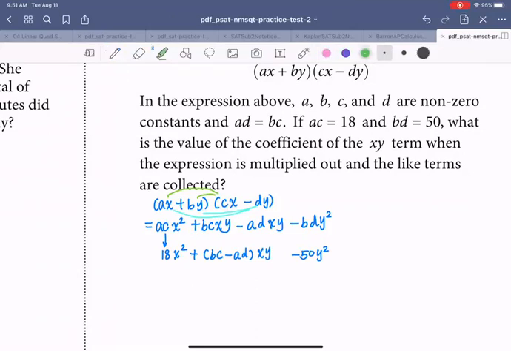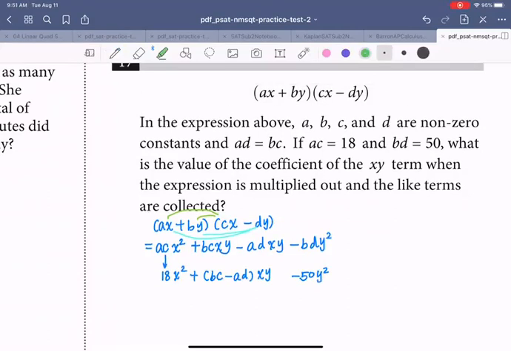Now let's use this to check if we used every condition in the question. A, B, C, D are non-zero constants. That's okay. Oh, look here, AD and BC are equal. This is 18, this is 50.